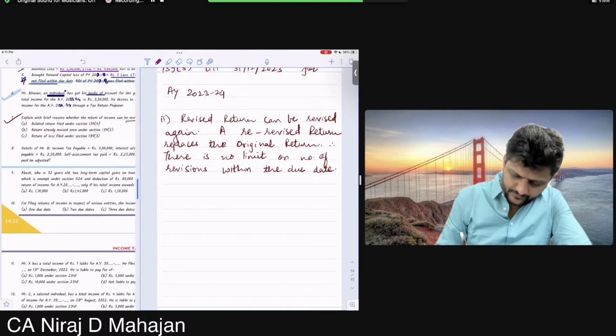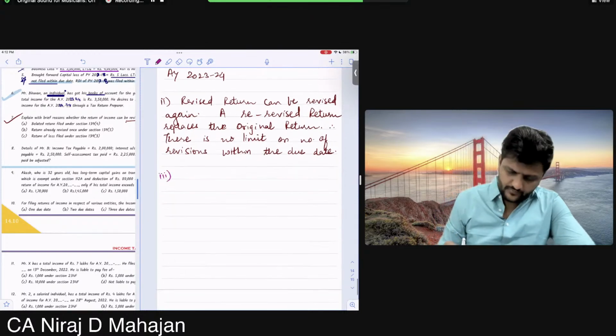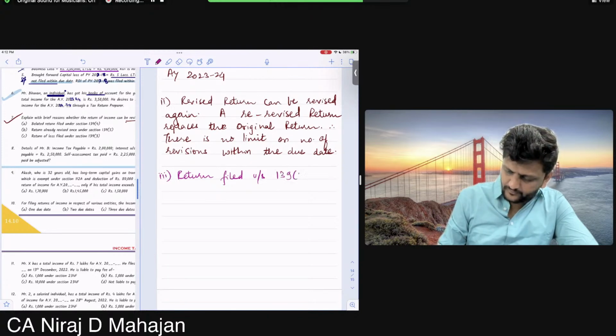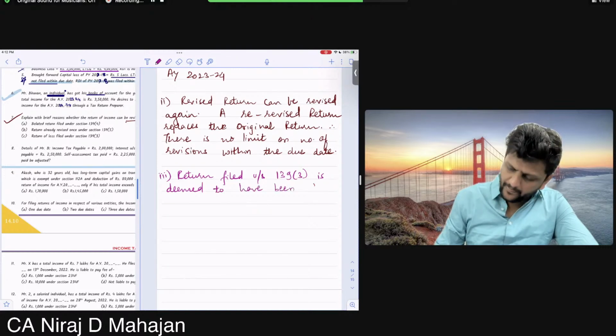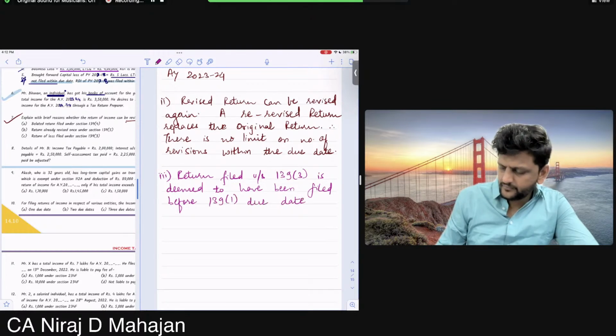And third one, loss, done, no? Return filed under section 139(3) is deemed to have been filed before the 139(1) due date, no? Correct?